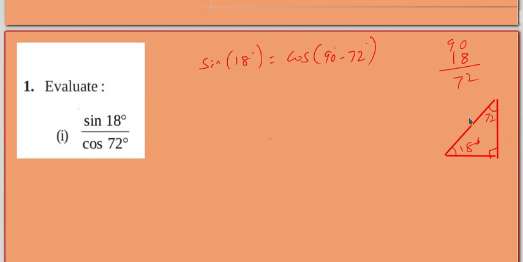So how do we get this angle? This angle we got by subtracting from 90, isn't it? So 90 minus 18 degrees. So sine of 18 is cos of 90 minus 72.